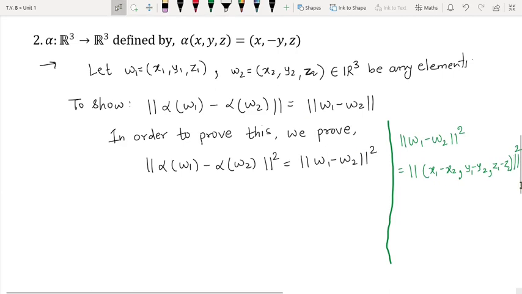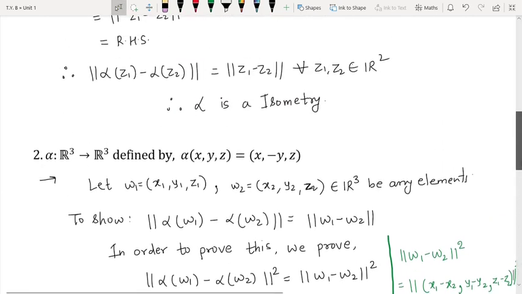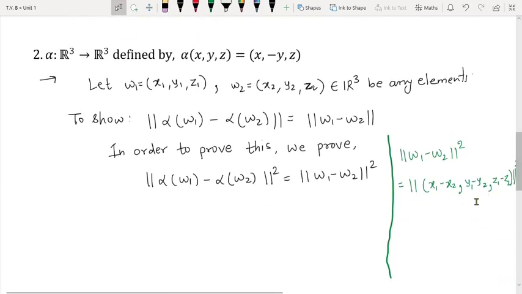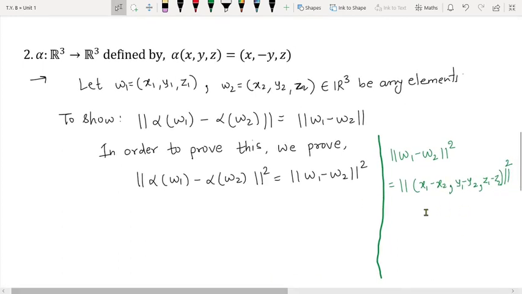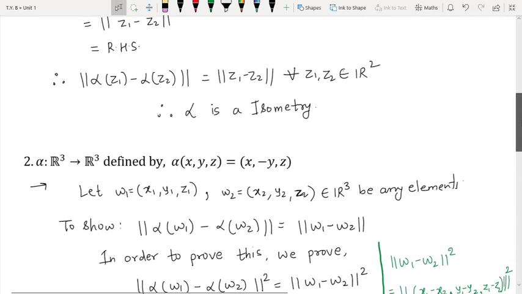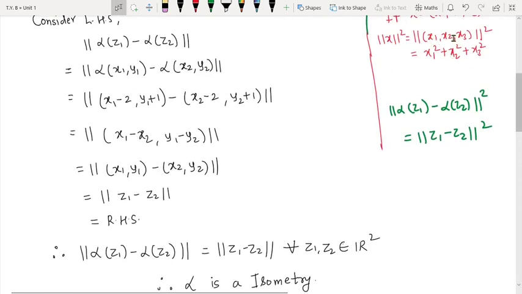Now see our note that I have explained before. So what is the norm of such a type of element? Norm square it is, not norm only. See, norm of an element of R3 square. So it is nothing but what? x1 square plus x2 square plus x3 square.